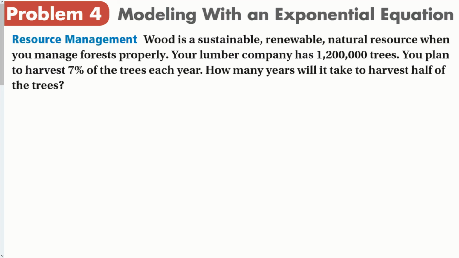So notice our growth rate is negative. Our formula for this is going to be my standard exponential formula, right? It's going to be some function of time in this case. It's going to be equal to the starting amount, a sub 0, times 1 plus the rate to the t power.